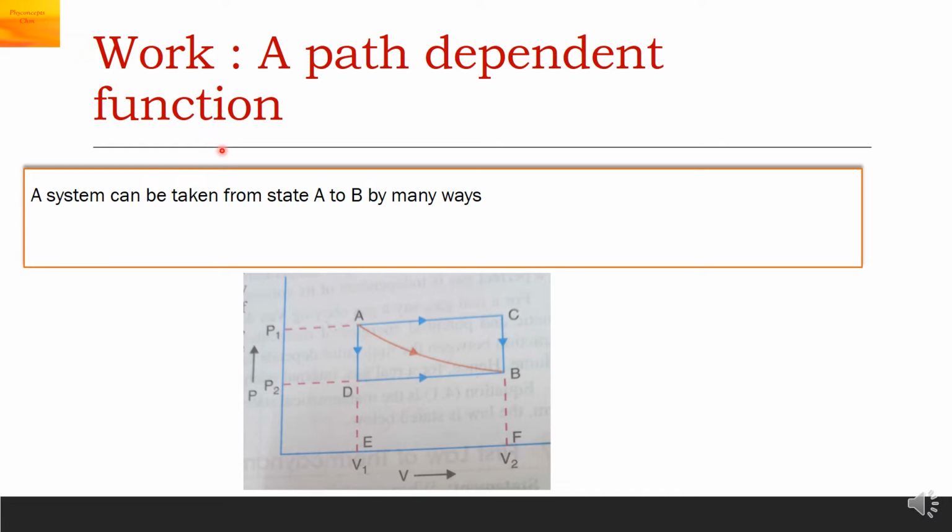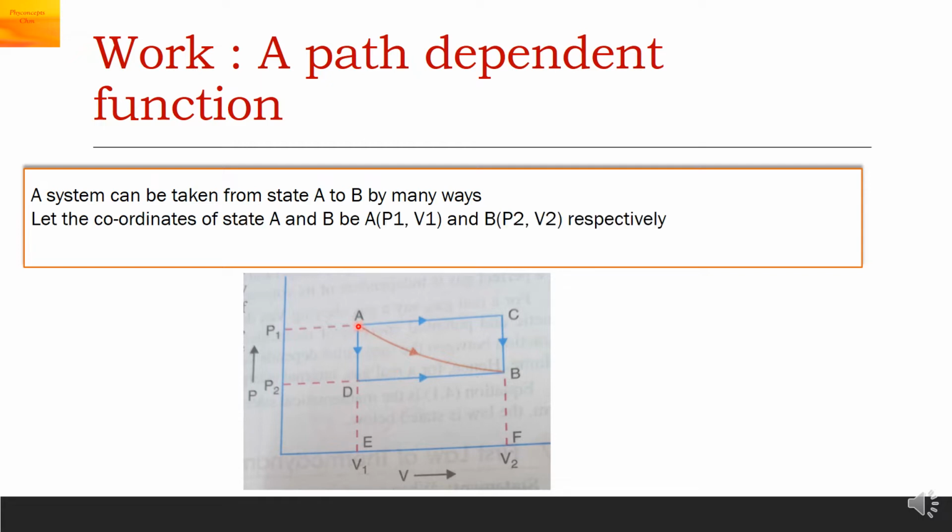A system can be taken from state A to B by many ways, as shown in this diagram. This is state A with the coordinates P1, V1, and this is state B with the coordinates P2, V2.